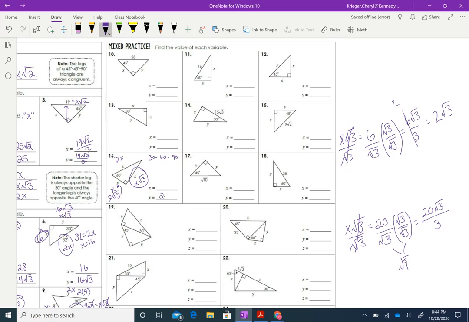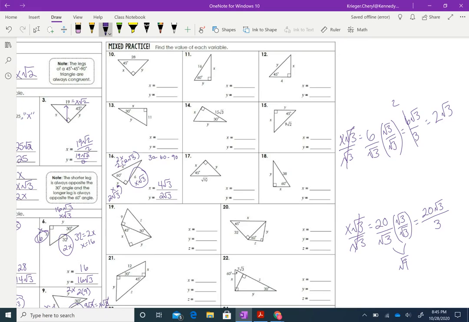So 2 square root of 3. And x is our hypotenuse, 2x. So we're going to do 2 and plug in our x, which is 2 root 3. And 2 times 2 square root of 3 is 4 square root of 3.